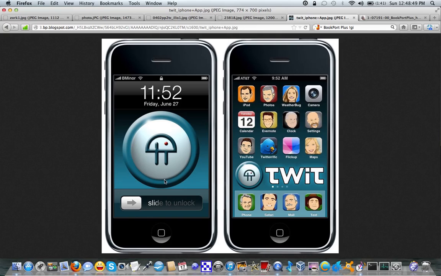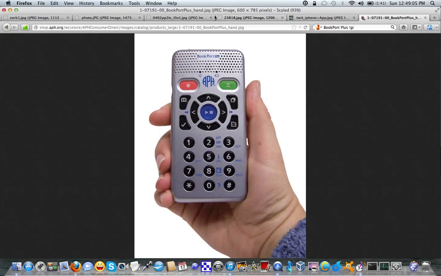I've had my iPhone for years and years, and before that an iPod Touch, and I never really got into the whole podcast thing with the iPod. I actually got into it by non-visual means through this device, the Bookport Plus.